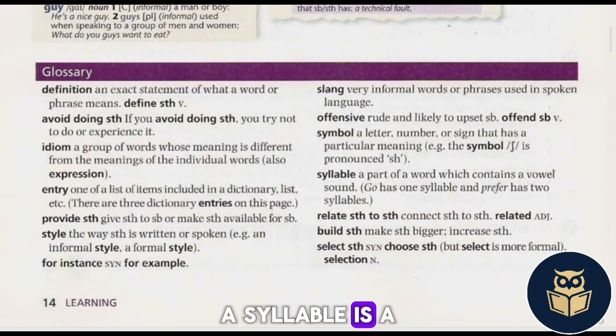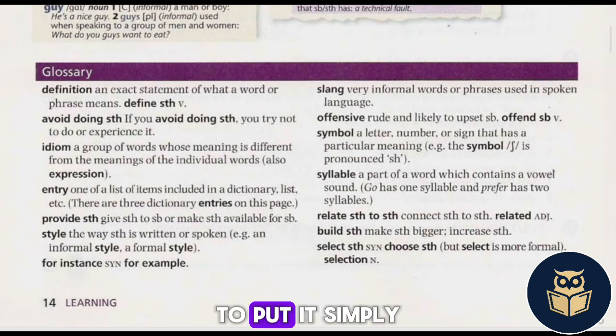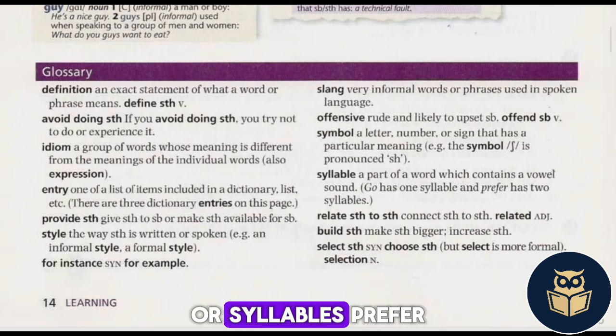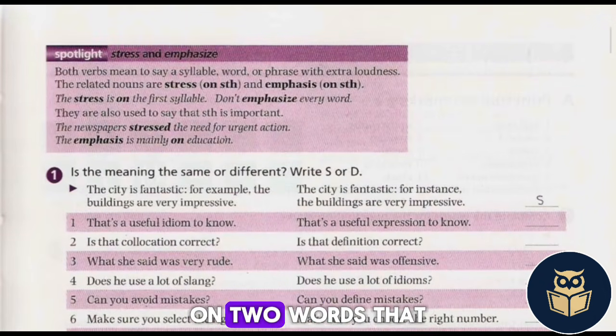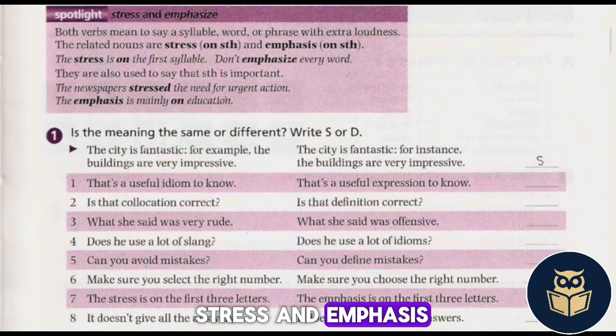A syllable is a part of a word containing a vowel sound. To put it simply, the word go has 1 syllable, while a word like prefer has 2 distinct beats or syllables. Prefer.